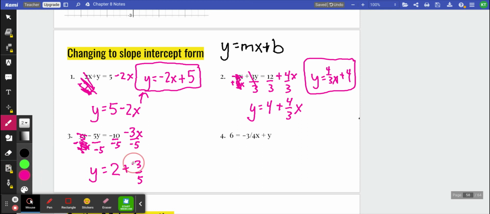Had a little mess up there. Oops, let me try to erase that. Right, positive 3/5 x. Okay, again, right, answer key is going to write that as 3/5 x plus 2.